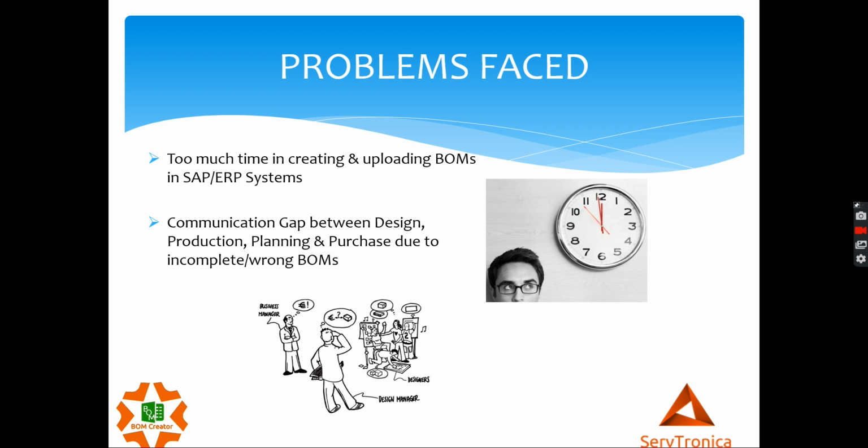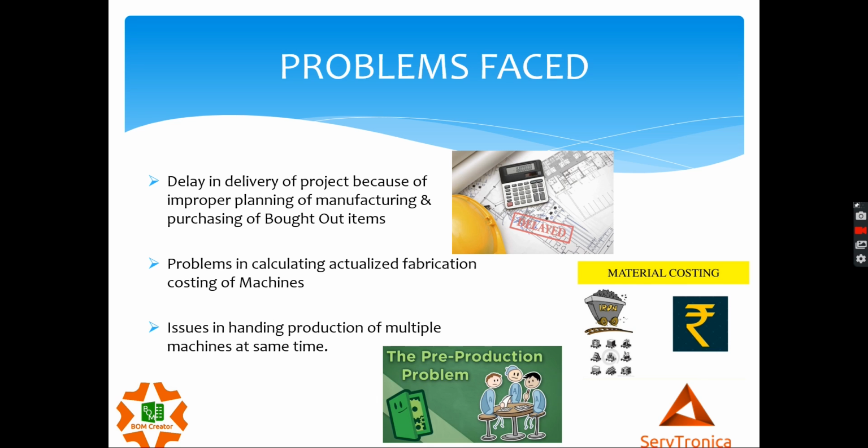Because of wrong BOM, in the production they face a lot of material issues. The purchase is not able to buy the proper material, and hence which eventually affects your project delivery. And we also see designers facing problem in costing of machine, preparing the actualized costing of the machine.